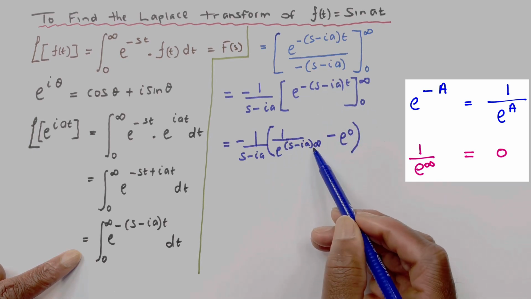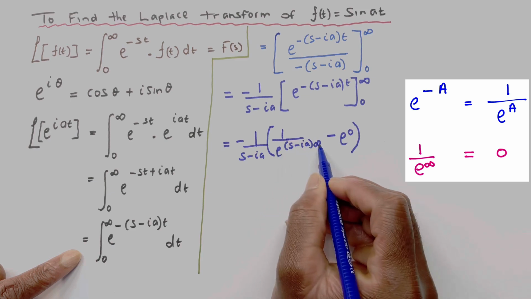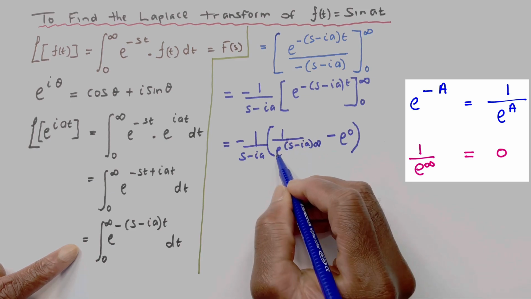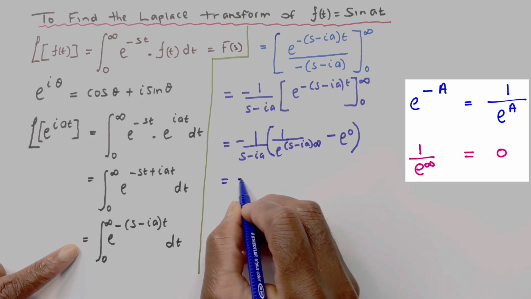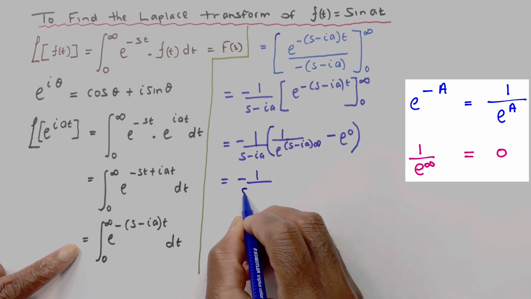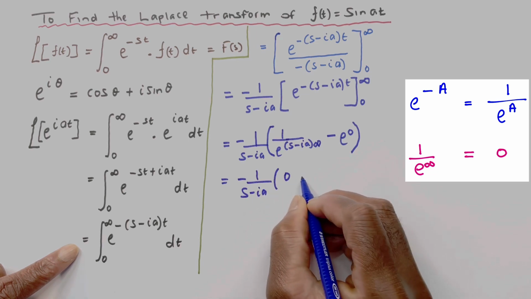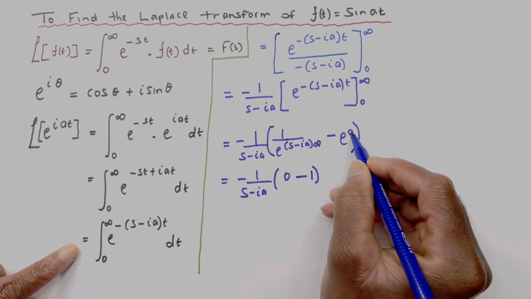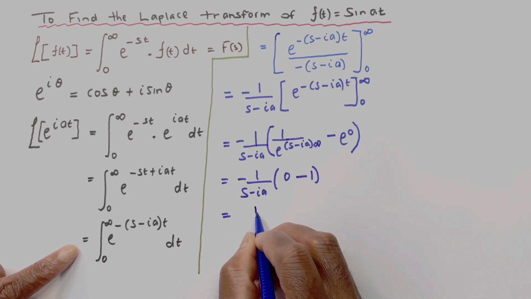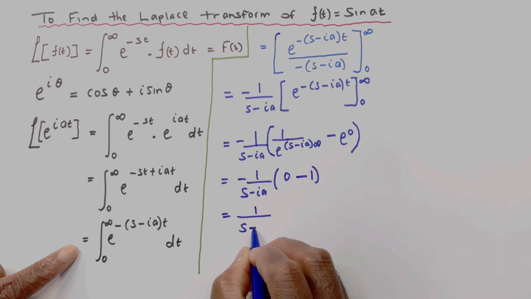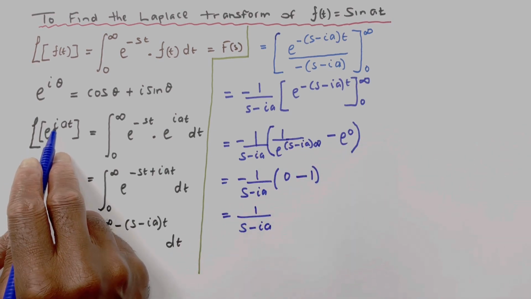As e to the power infinity gets so large, 1 over e to the power infinity will be 0. So we get minus 1 over (s minus i a) times the bracket 0 minus 1. E to the power 0 is 1. If we simplify this any further, we get 1 over (s minus i a), and so that will be the Laplace of e to the power i a t.